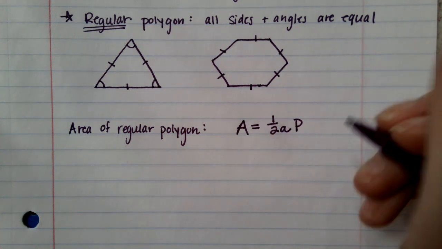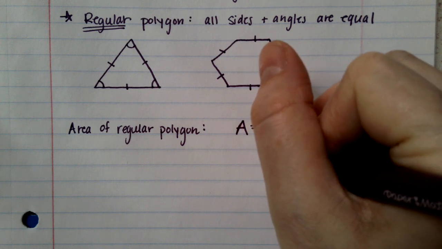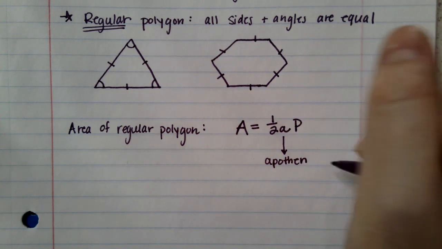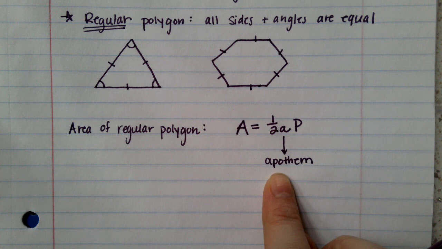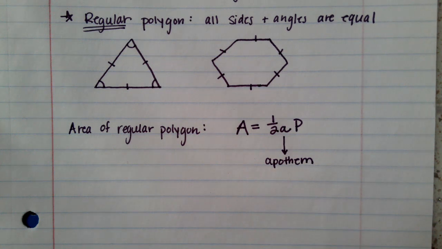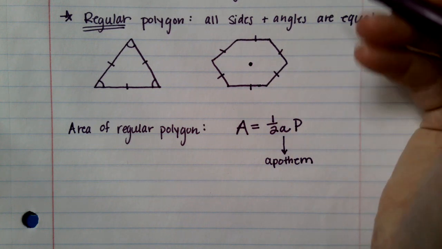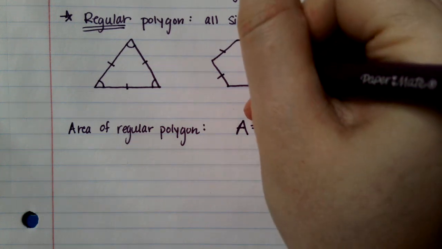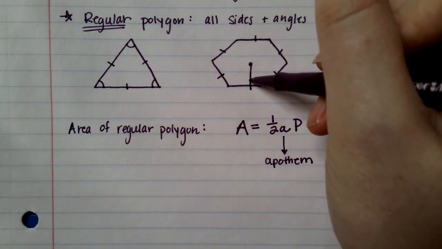And this big A stands for area. This little a is a new vocab word. This is called the apothem. And an apothem is basically the line from the very center of the polygon to one of the sides at a right angle.